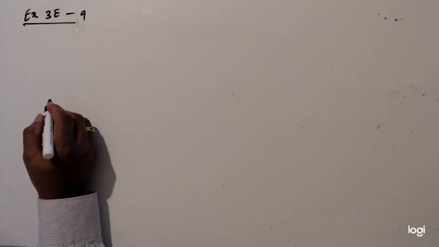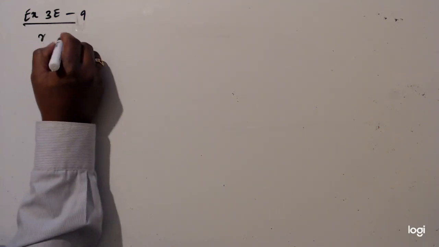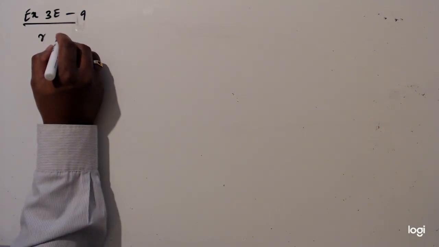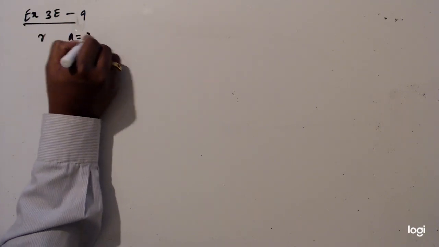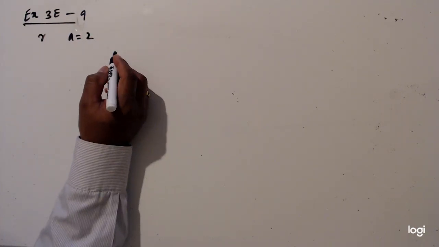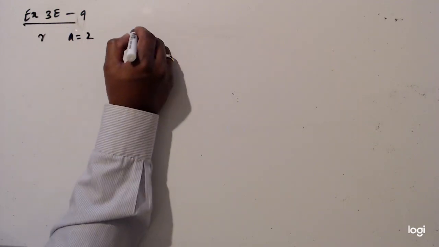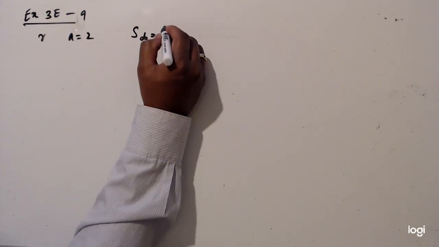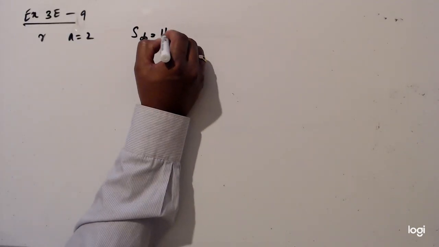Question number 9. In a convergent geometric series, the common ratio is r, and the first term a is given as 2, and a relationship is given: S infinity equals 16 times S3.